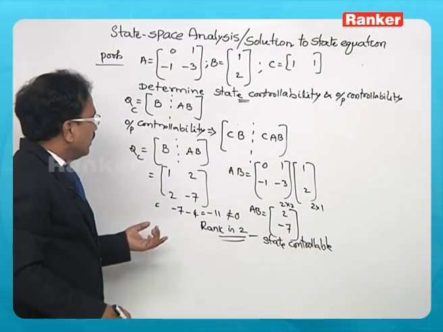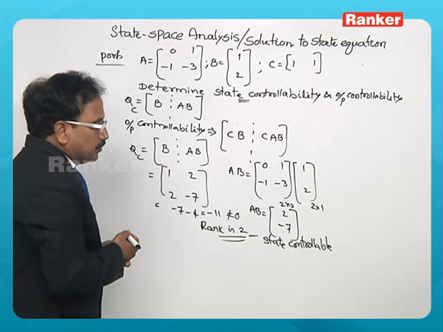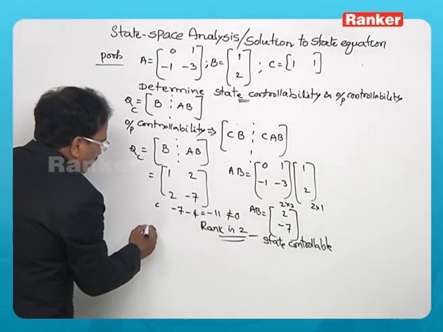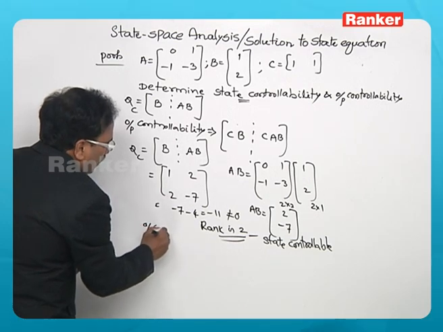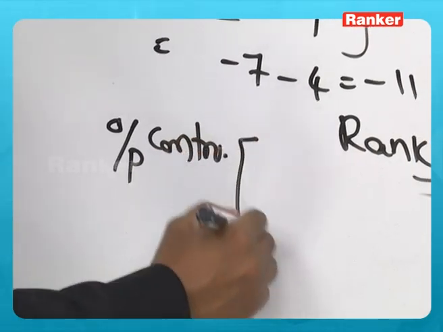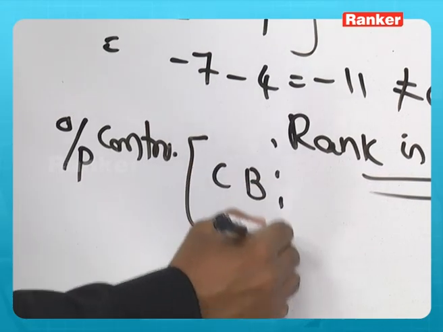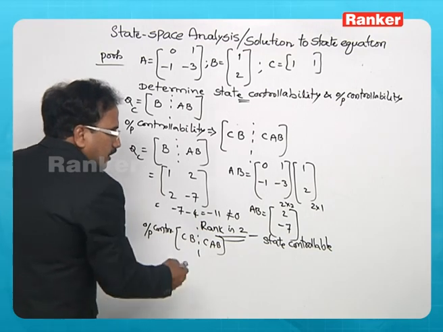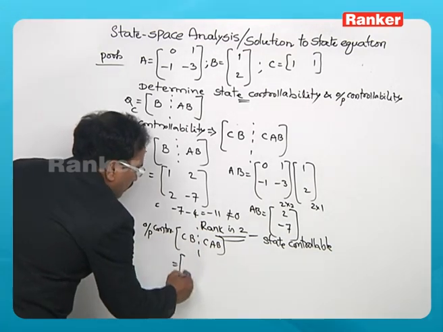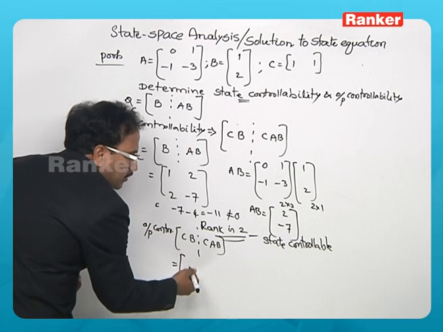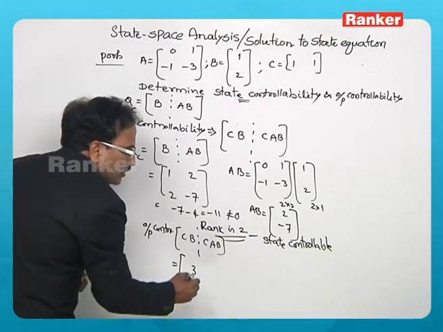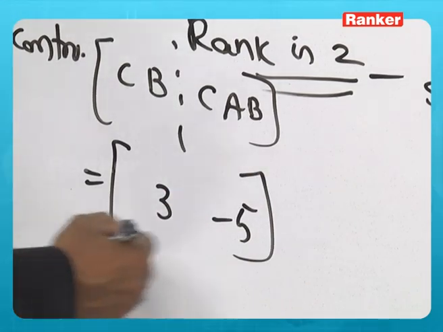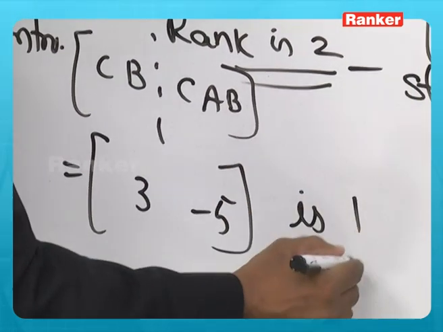So, when you have a rank of this matrix as 2, to see the output controllability, you should have CB and CAB. The C matrix is multiplied by the B matrix, you will get 3, and CAB is minus 5, and the rank is 1.